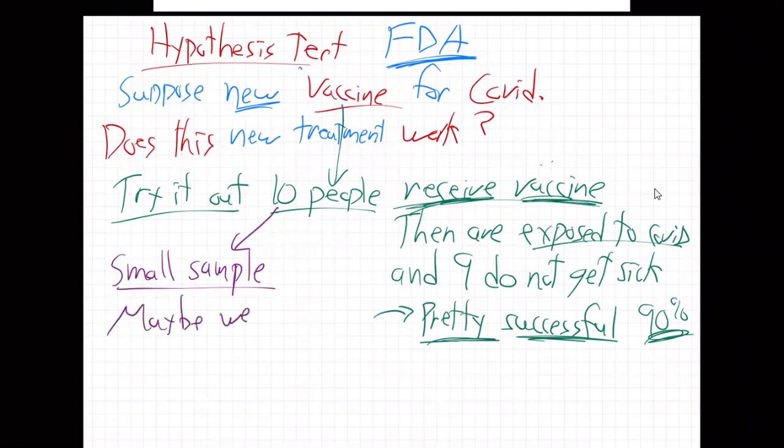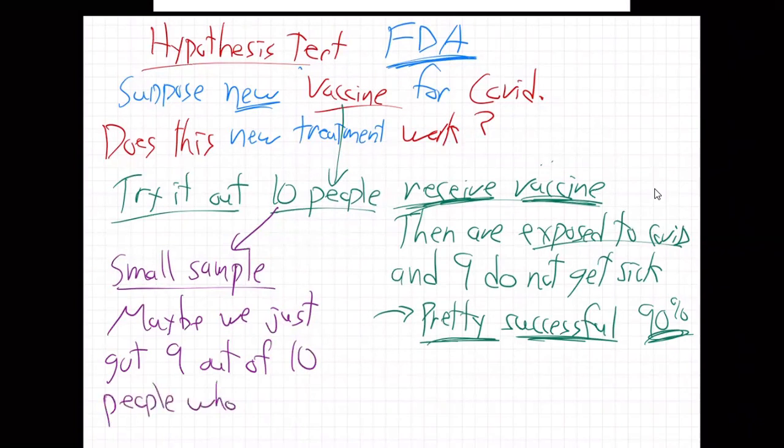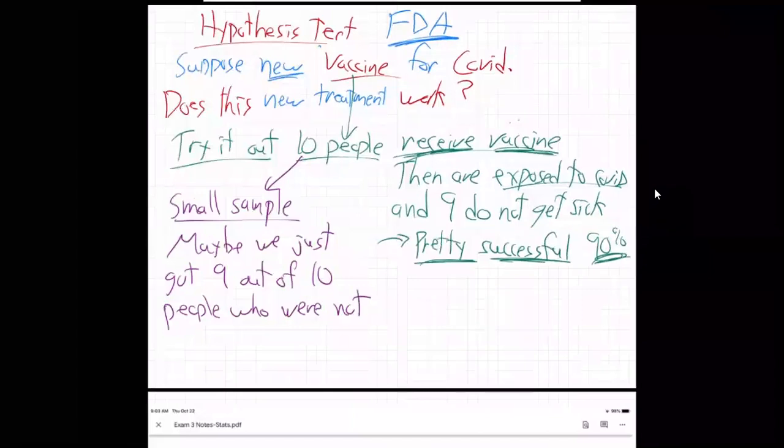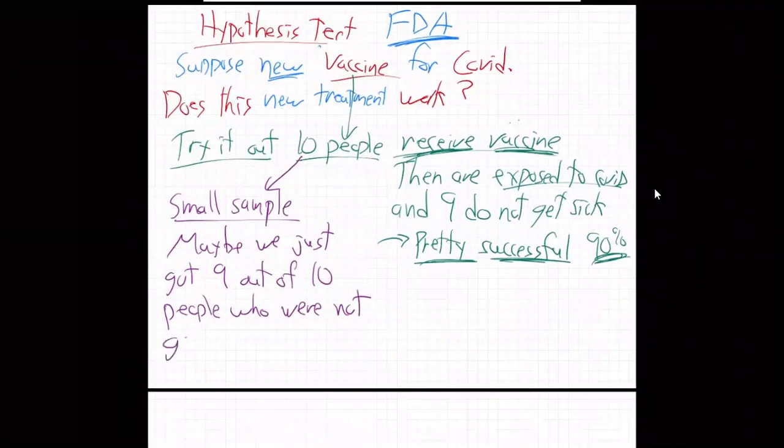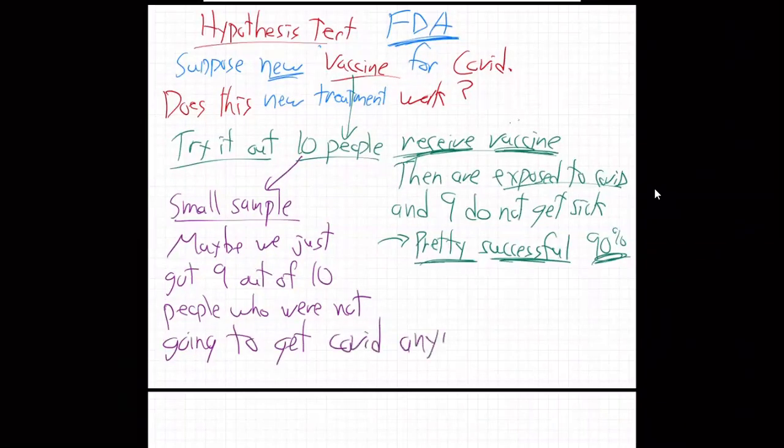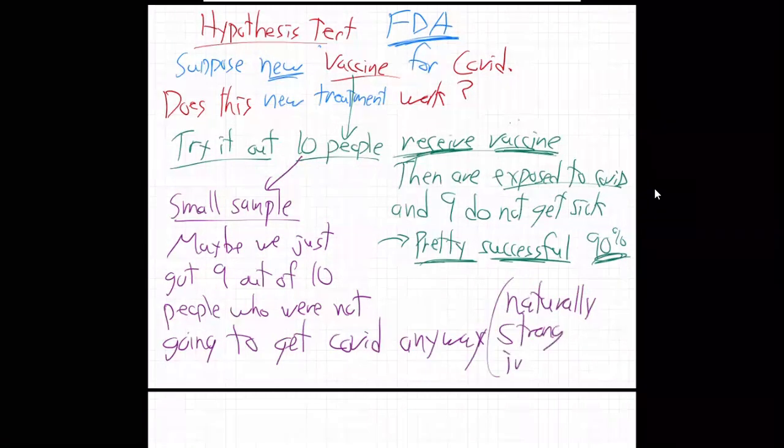Maybe we just got 9 out of 10 people who were not going to get COVID anyway, because they have a naturally strong immune system.